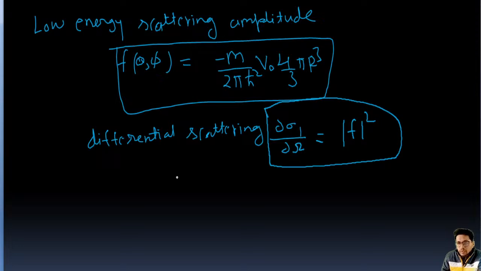So from |f|², we can find the differential scattering dσ1/dΩ. V0 is given.